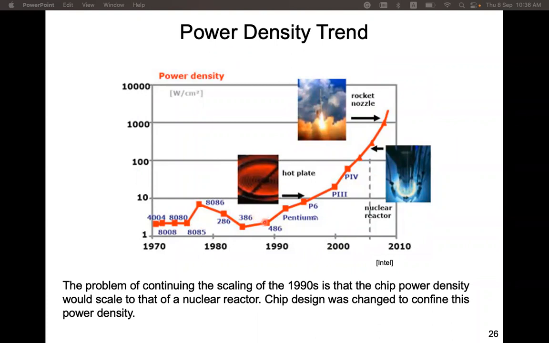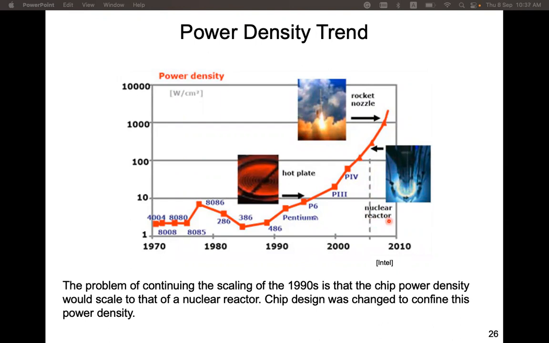The heat can be removed by using natural air cooling or by using some fans. But at around this time, the power density increased to a level comparable to the power density in a nuclear power reactor. It's very hot.